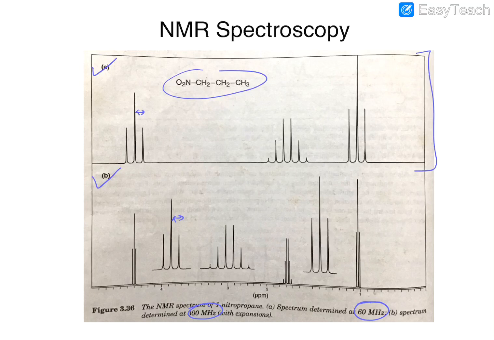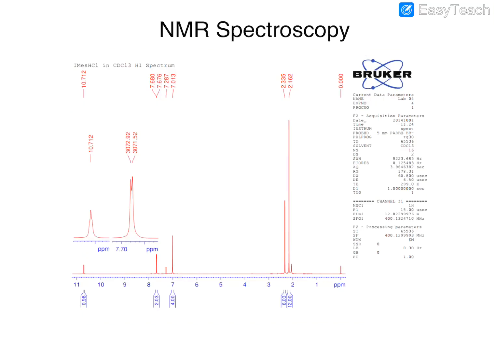So irrespective of whether you are operating at 60 megahertz or 300 megahertz, the J values happen to be the same in each of these cases. And that's very significant, because this value being held constant can help us in doing some structure elucidations.